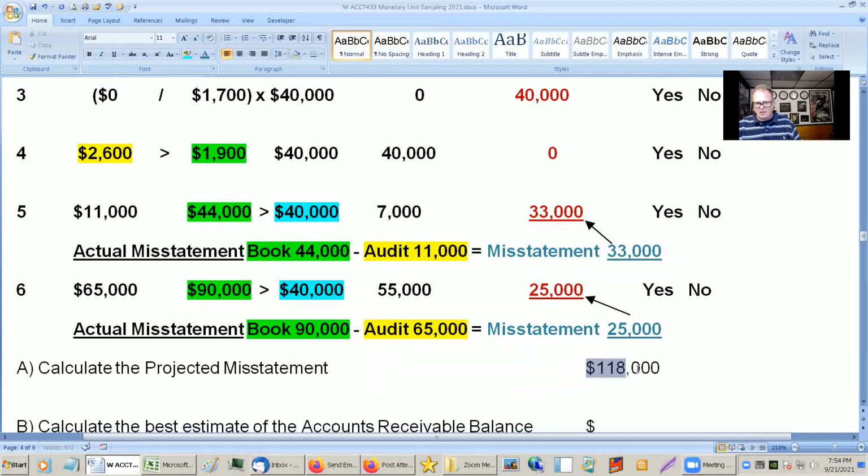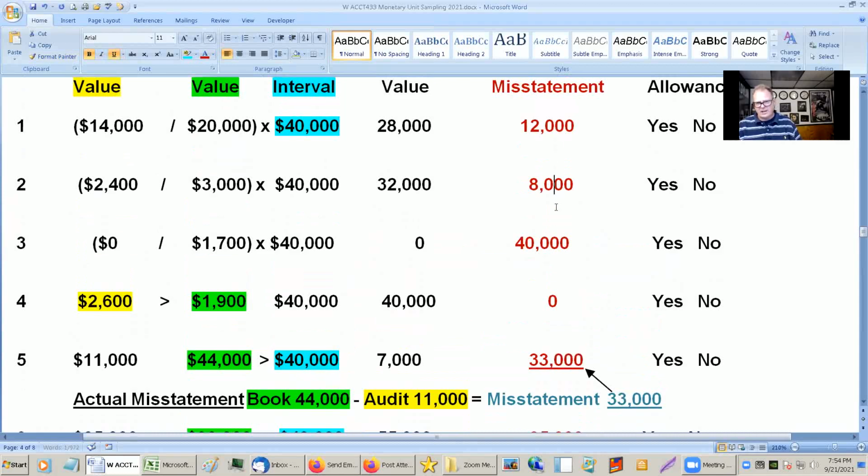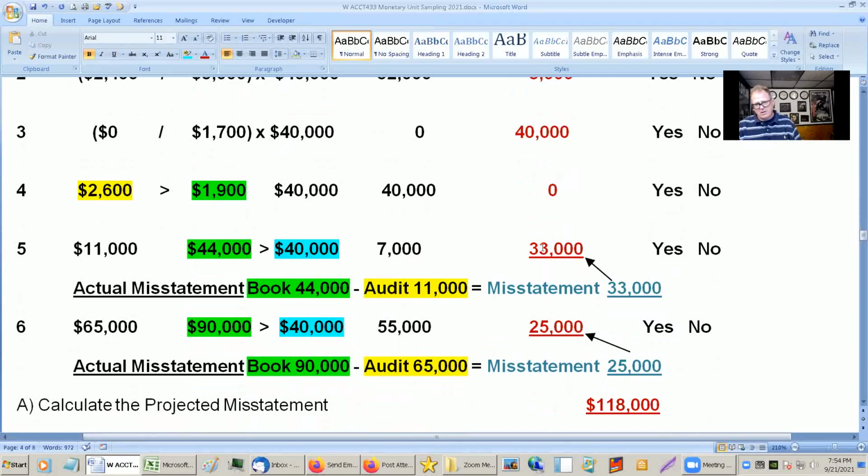So I just added up all of it: 12 plus 8,000, 20,000, 60,000. That's 58, right? Yeah, that's correct.